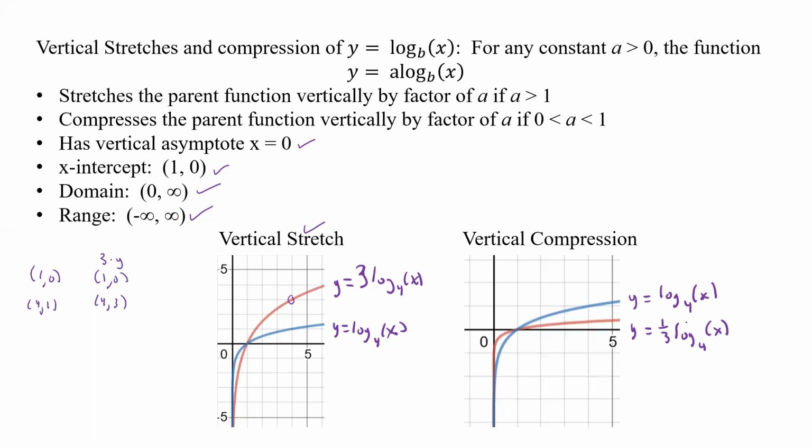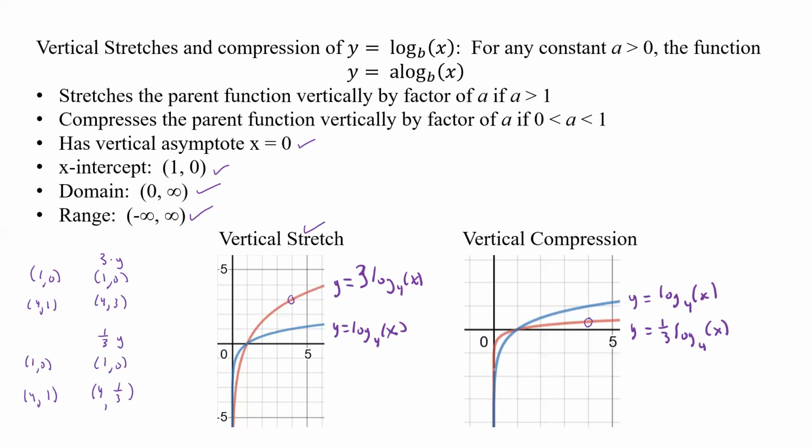In a similar manner, we're going to take 1/3 y. So 1, 0, when we take that, we still get 1, 0. But for 4, 1, all of a sudden now we have 4, 1/3. So our 1, 0 is the same, but now we have 1, 2, 3, 4, and now it's up a third. And so that's our new point.